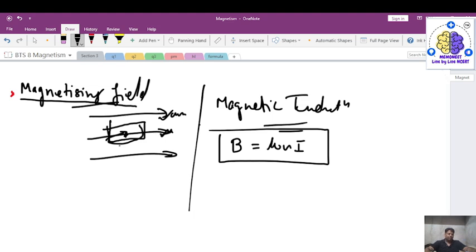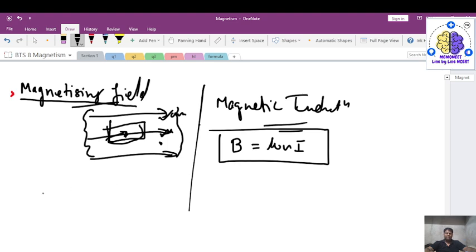Now we have magnetizing field intensity. Magnetizing field was the external field which was used to magnetize the substance. So intensity means to what extent it has been imposed at a particular point.